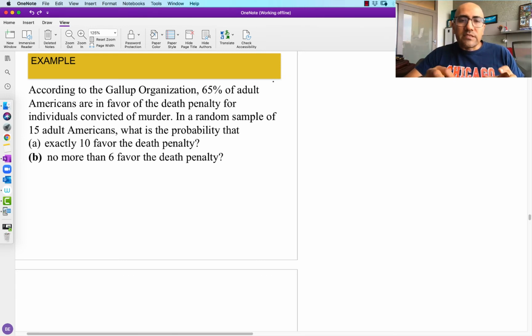So if we randomly select 15 Americans, we can assume that the probability of success is approximately constant, about 65%. The outcomes are binomial, right?